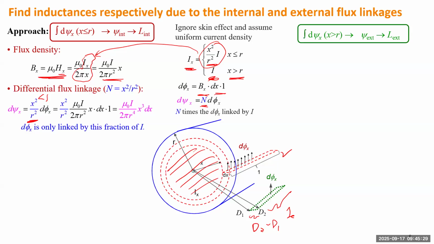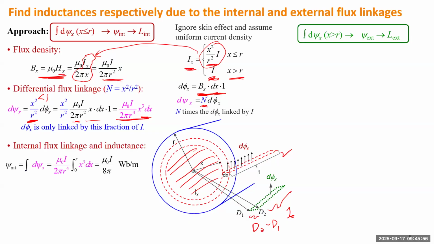So next, for this one, you just plug in this formula, right? And you do simplification and you can prove this differential flux linkage depends on x cubed and also the I. So this one will be integrated to calculate the total flux linkage.